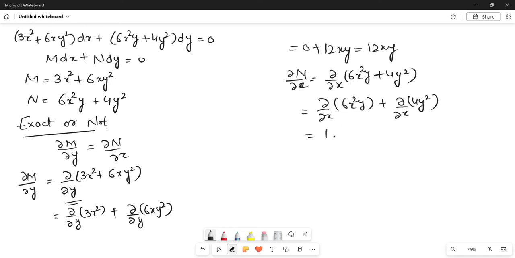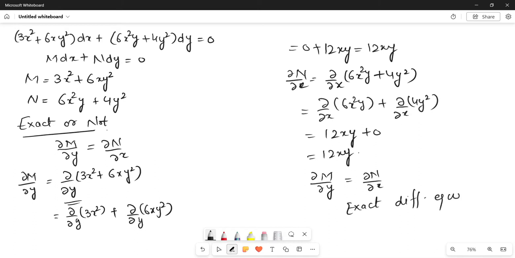The derivative of the first is 12xy, and 4y squared is a constant, so its derivative is 0. So you will get 12xy. In this case, del M by del y equals del N by del x. It means that your given equation is an exact differential equation.